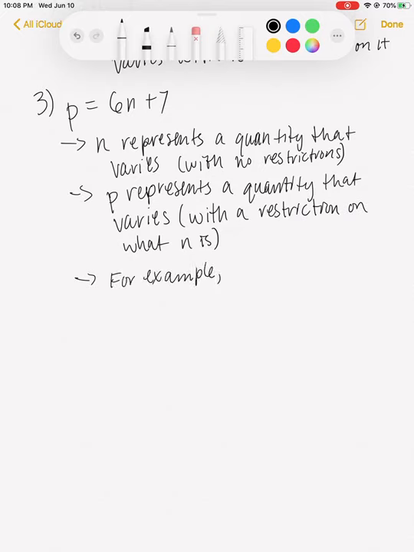Okay, for example, if n is equal to 2, then p is equal to 6 times 2 plus 7, which is equal to 12 plus 7, which is equal to 19.